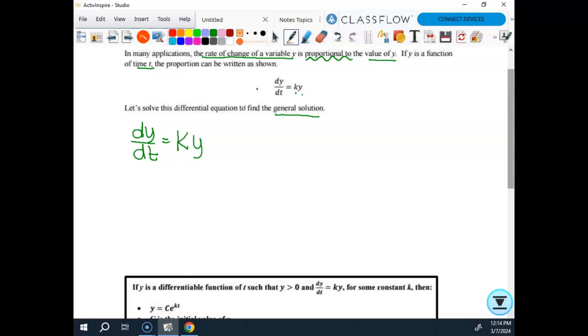Go for it. Go ahead and do the whole thing. And then I'll work it out too. We'll just see where we get.